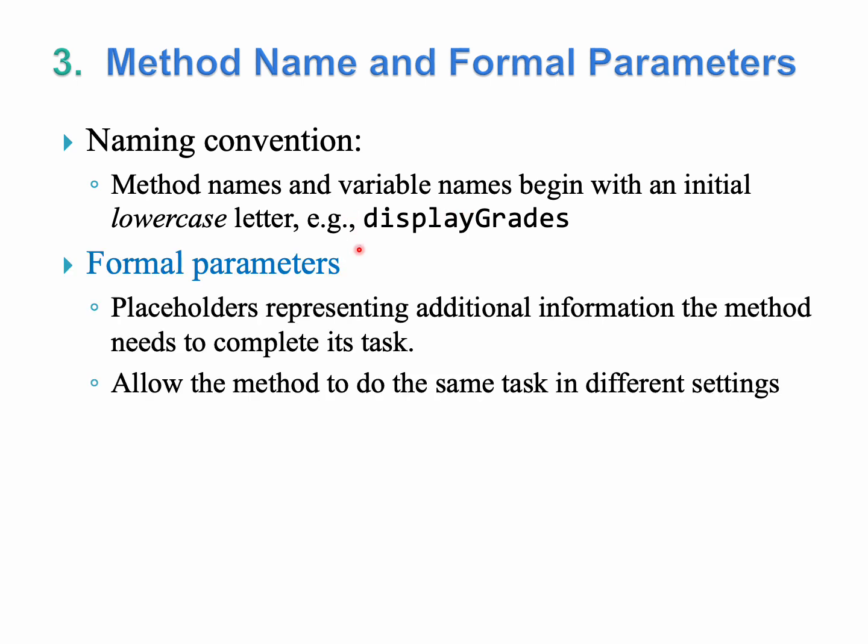Formal parameters of a method are placeholders representing additional information that the method needs to complete its task. Formal parameters allow the method to do the same task but in different settings. For example, having three parameters x, y, z allows method maximum to find the largest value of any three double variables instead of three specific double variables.